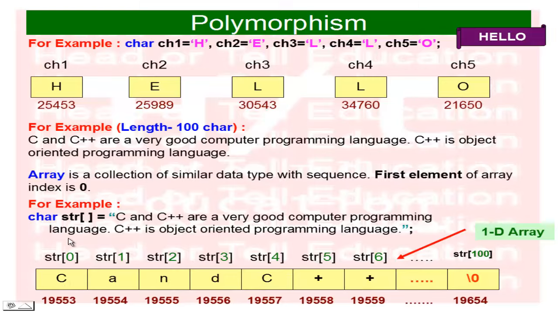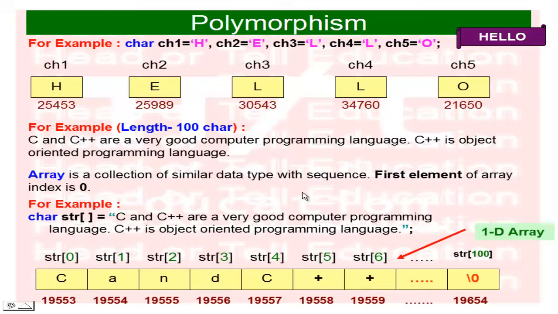For the 5 characters we created different variables, but for strings of 100 characters or more we cannot do that. We create only one interface, a single name, to store the full string.